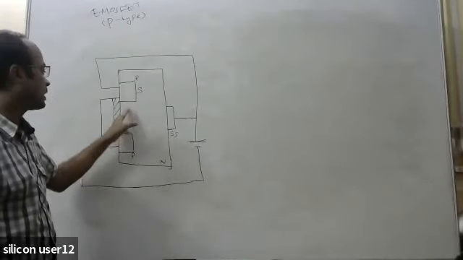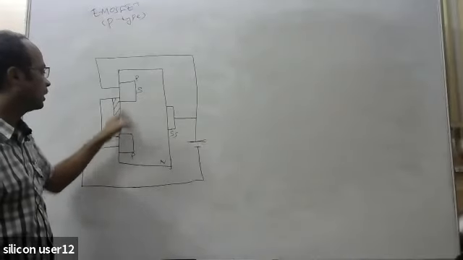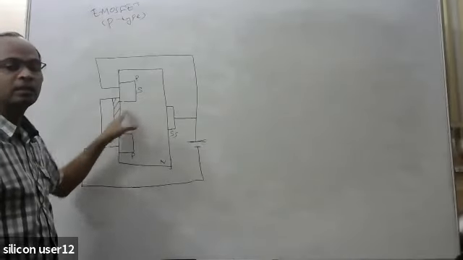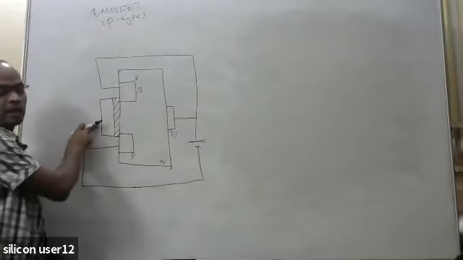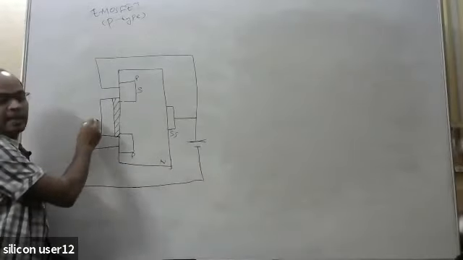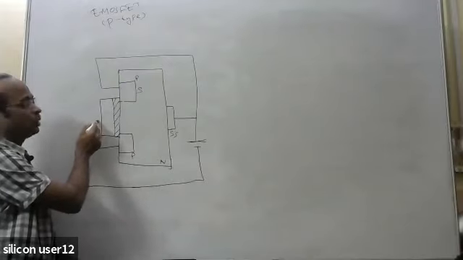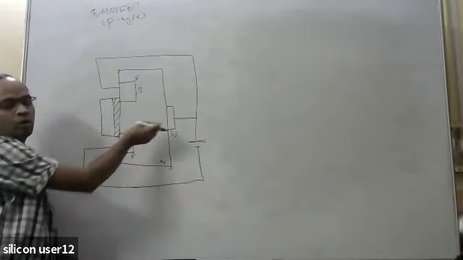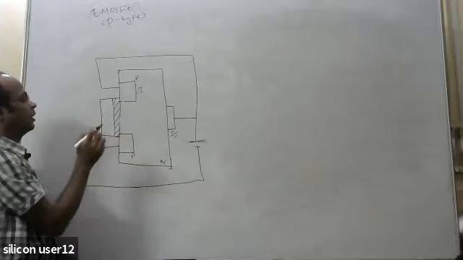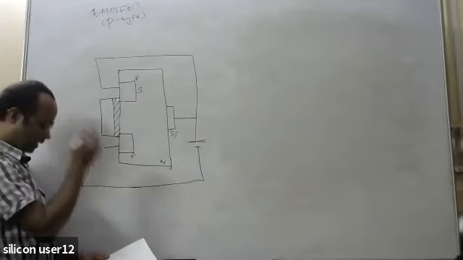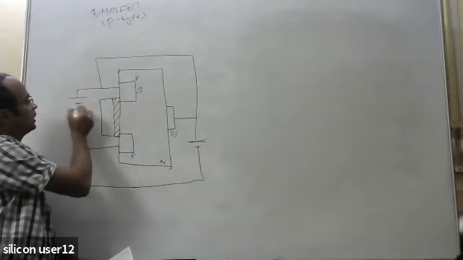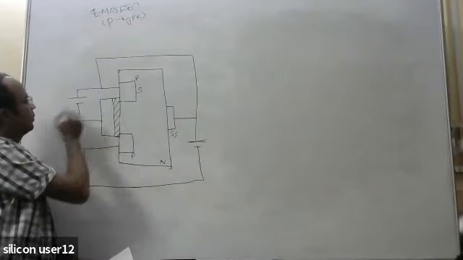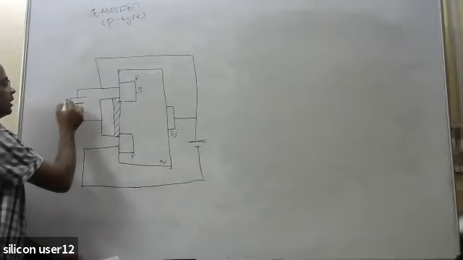So now I have to create a layer of holes in this region. What I have to do is apply a negative voltage at this gate terminal, which will try to pull the holes. For that I have to apply a negative voltage with respect to the body.